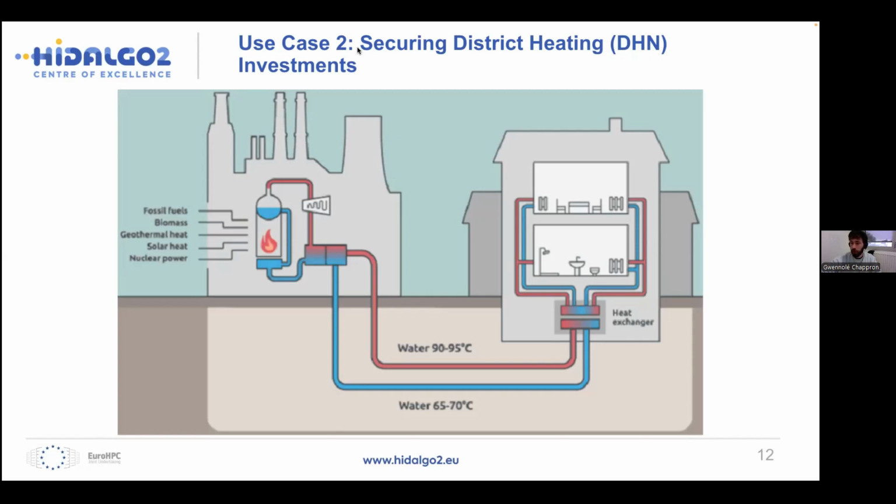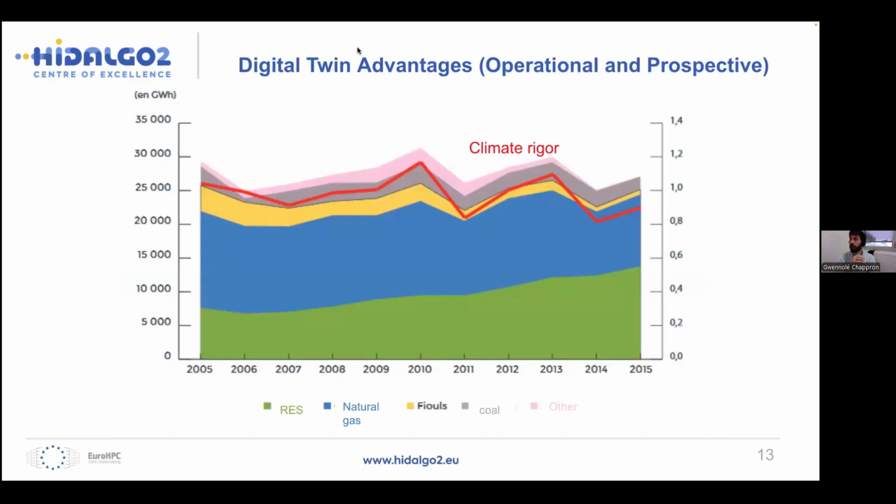But we can also provide digital twins. The idea behind this is that district networks need to rely on fossil fuel during the peak load.